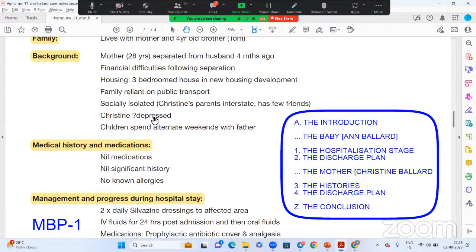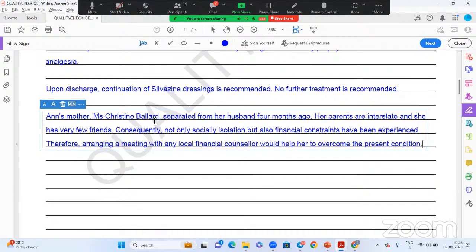Possibility, not confirmed. If it is a doctor, they will confirm. But it is not confirmed. Possibility is there. Signs and symptoms. After observing them, the staff have noticed that she might be depressed. She may be a victim of depression.